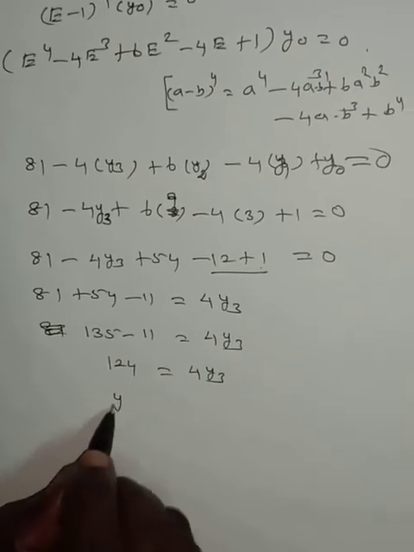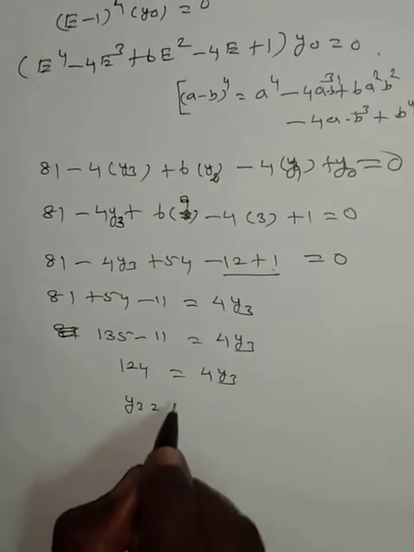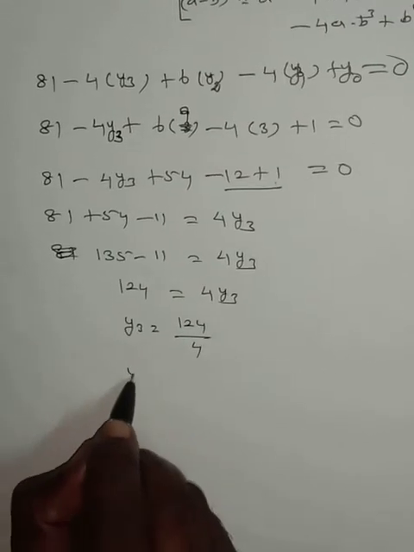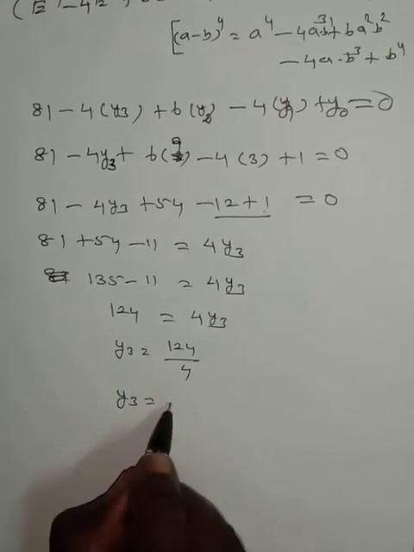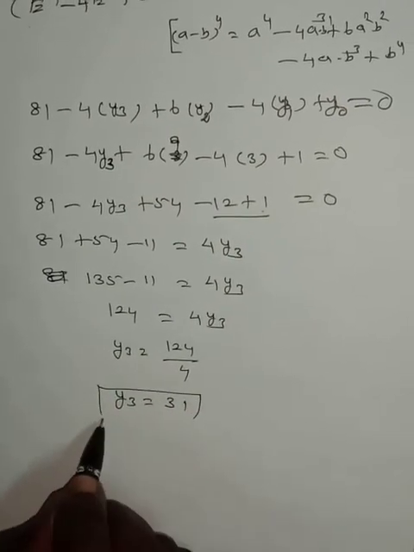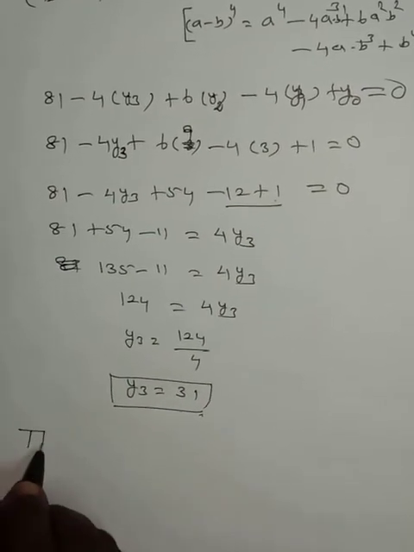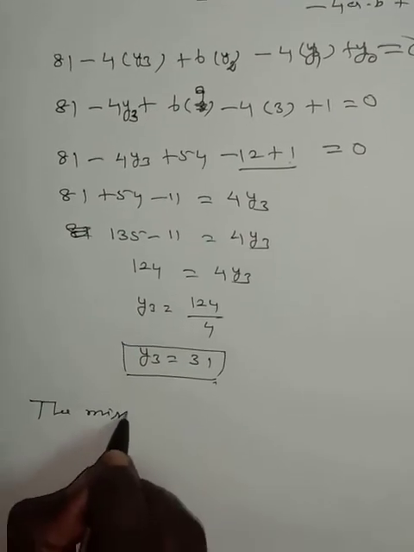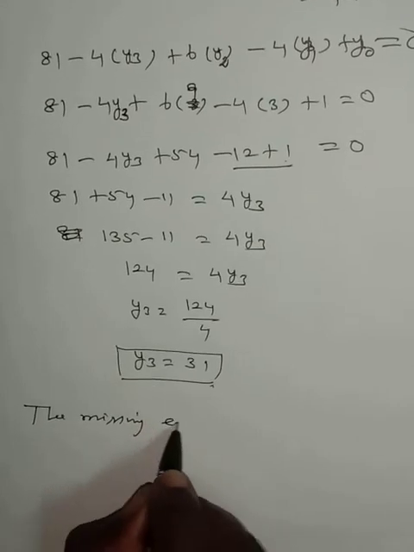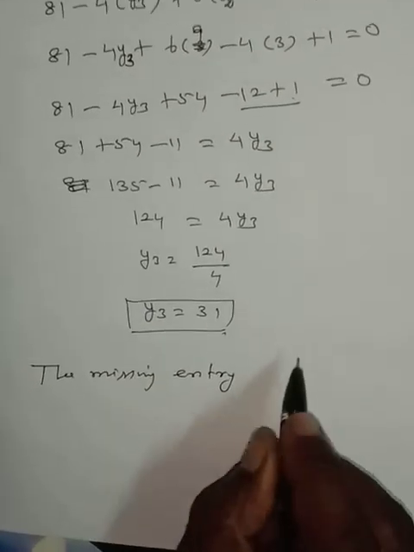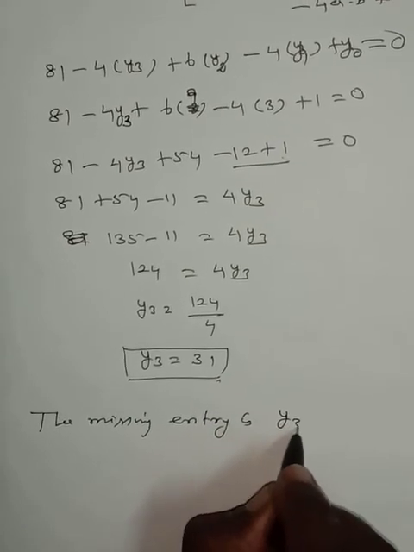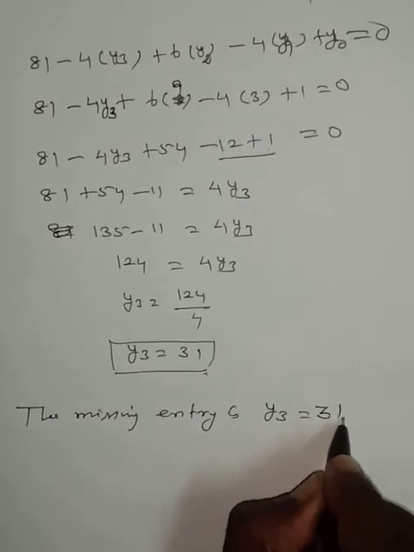So y3 is equal to 124 divided by 4, which is 31. The missing entry is y3 equal to 31.